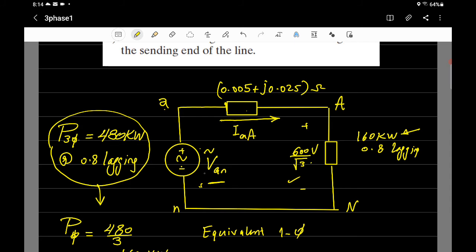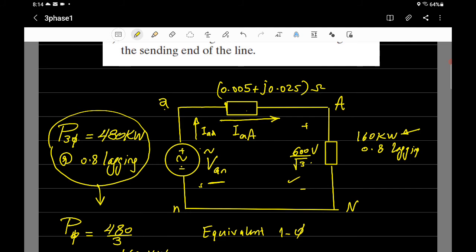You have to know the angle between the voltage VAN and IA, because the current coming out of the source is the same current in series, the same IA. So the angle between IA and VAN will be theta, and find its cosine. That will be the power factor.